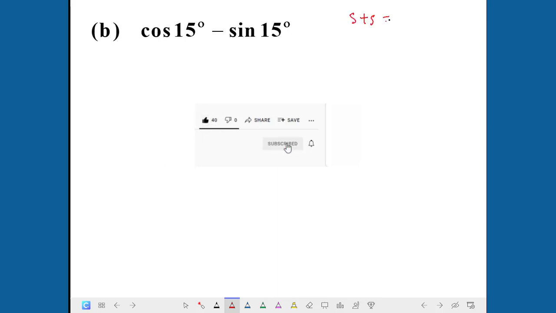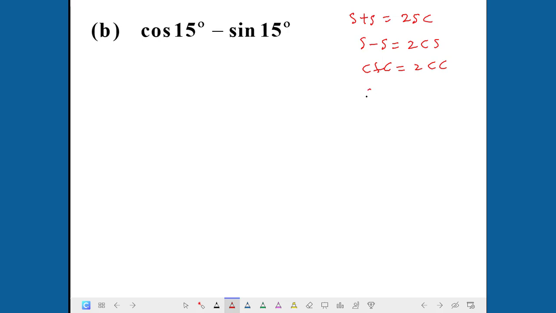Sine plus sine, 2 sine cos; sine minus sine, 2 cos sine; cos plus cos, 2 cos cos; cos minus cos, negative 2 sine sine. The previous solution changed everything to cos, using cos minus cos. Now try to change to sine.